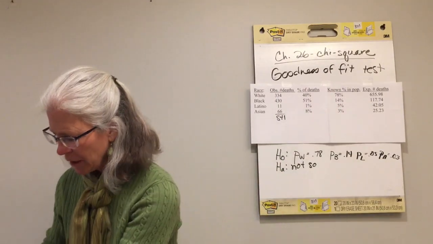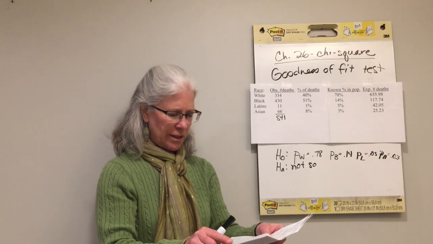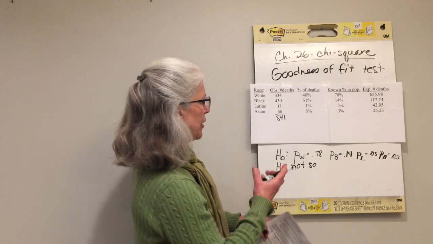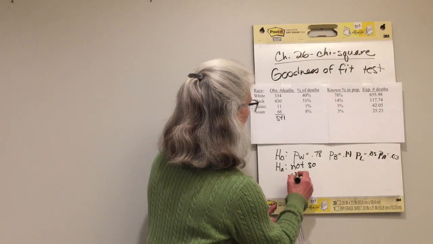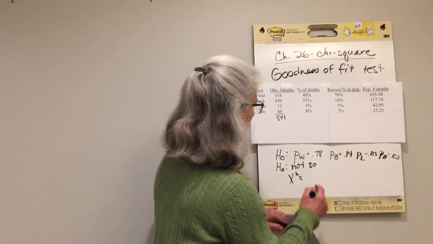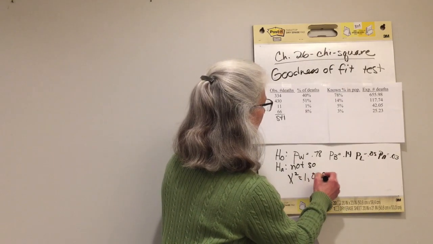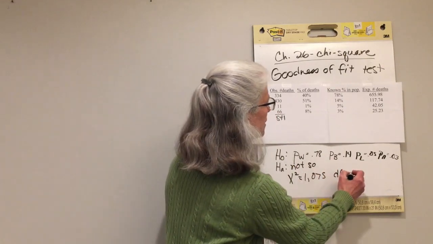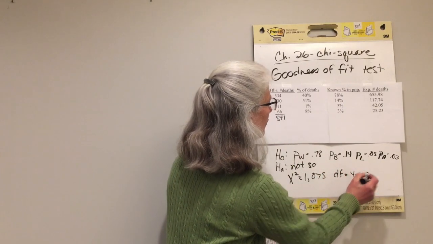So I had the computer compute the chi-square statistic for us, so we didn't spend a year and a half calculating it, and it was huge. It was 1,075. Degrees of freedom are the number of groups minus 1. We have 4 races, so we have 3 degrees of freedom.